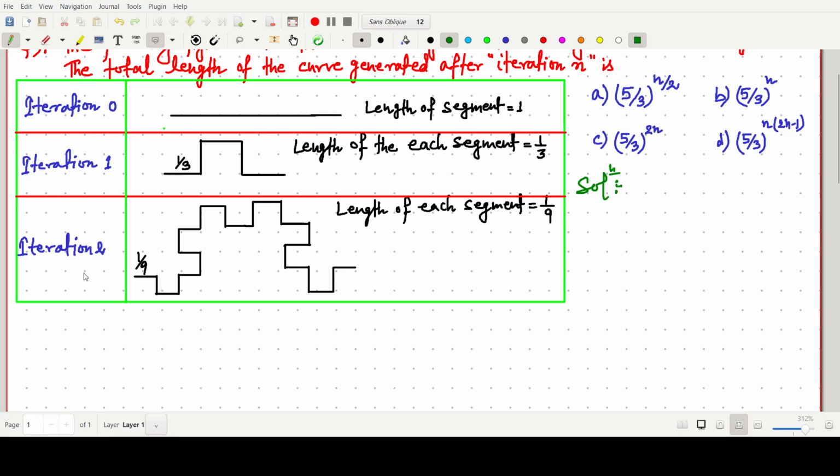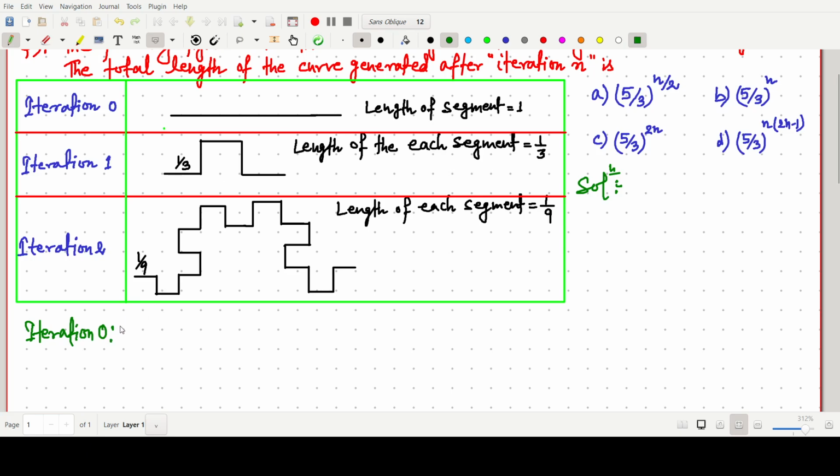From the very first figure we can say, for iteration 0, the length of the segment is 1, and there is one segment.